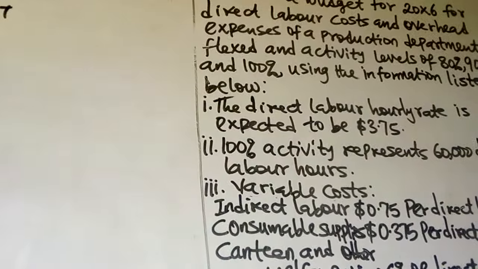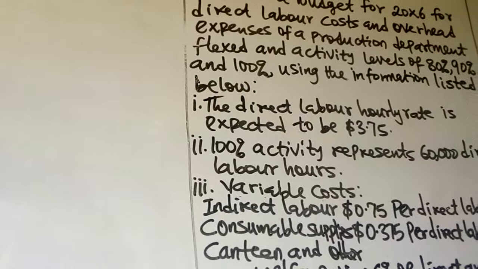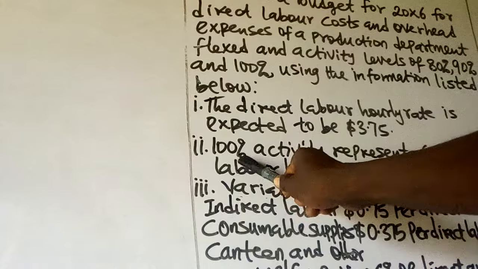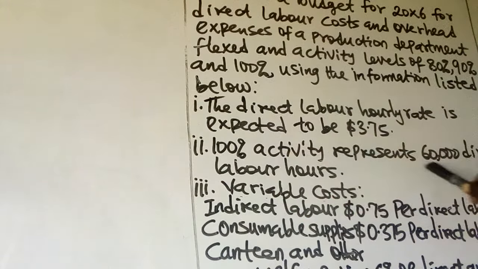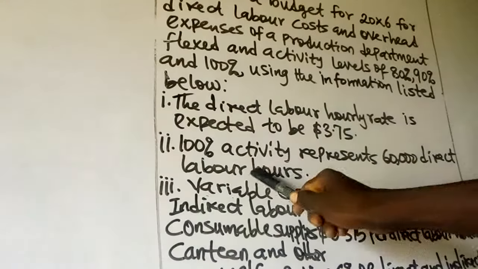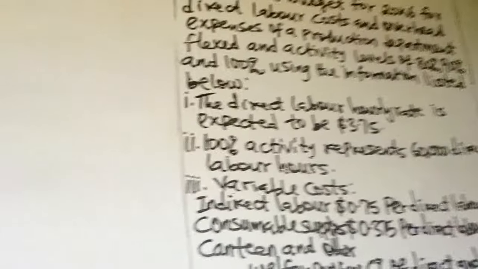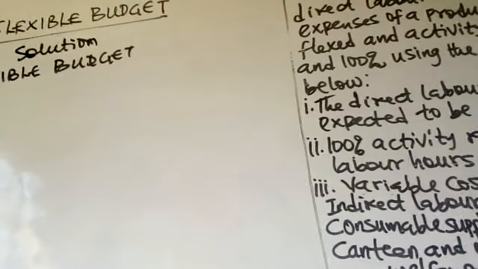The capacity you are given: you have 80% capacity, 90% capacity, and 100% capacity. You were also told that 100% activity represents 60,000 direct labor hours.